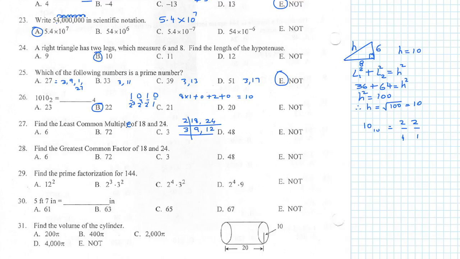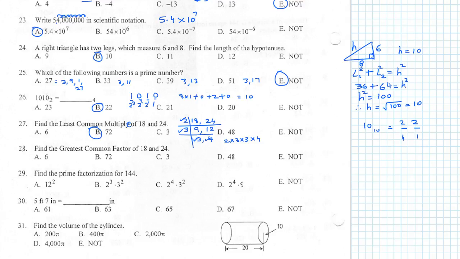So 9 divided by 3 is 3 and 12 divided by 3 is 4. There are no other common factors between 3 and 4. So now we multiply 2 times 3 times 3 times 4. 2 times 3 is 6, 6 times 3 is 18, and 18 times 4 is 72. So B is the right answer.